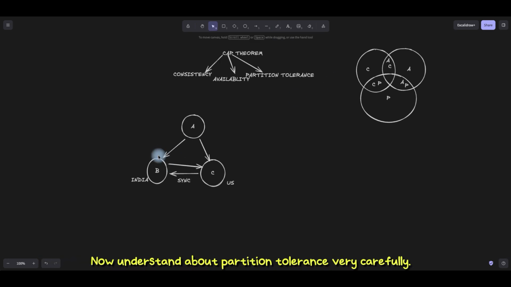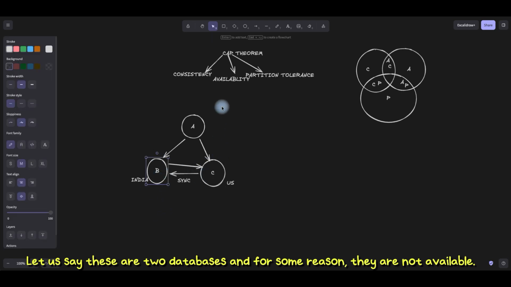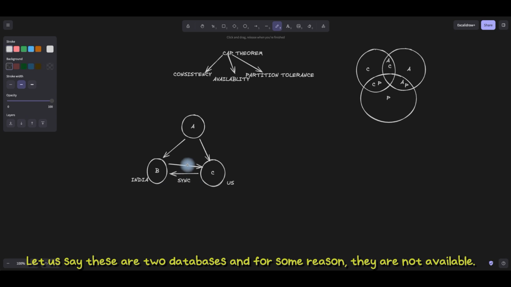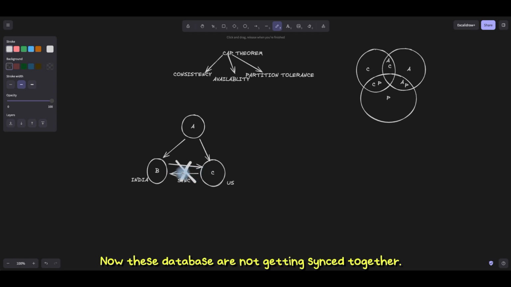Now understand partition tolerance very carefully. I'm going to explain it in layman's terms. Let's say these are two databases, and for some reason there is a connection breakage. This database is not able to send a sync request or update request to the other database, or vice versa, which means these databases are not getting synced together.